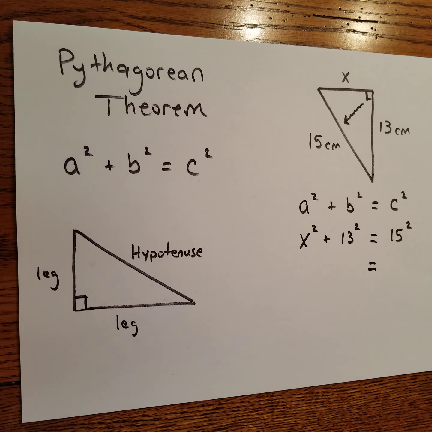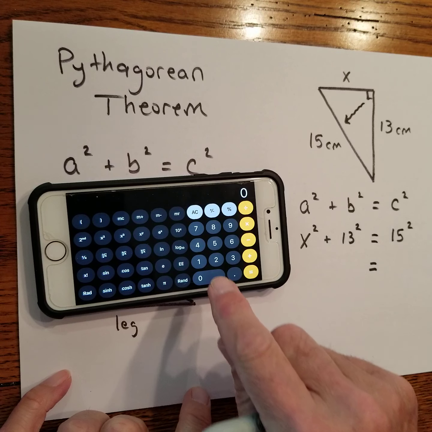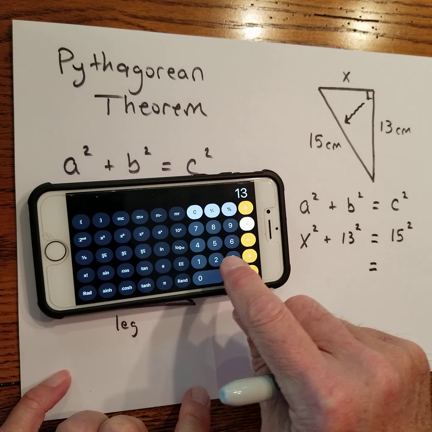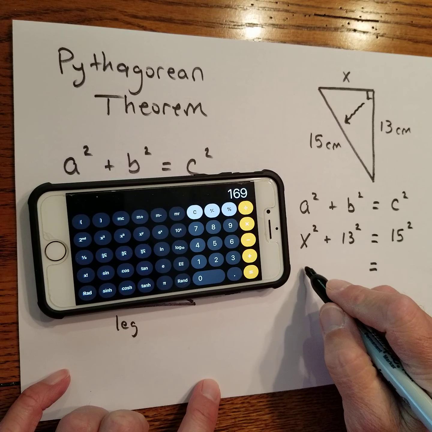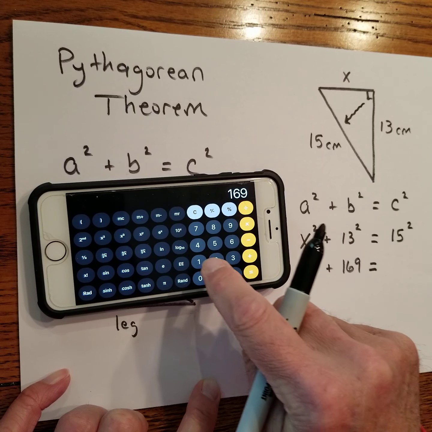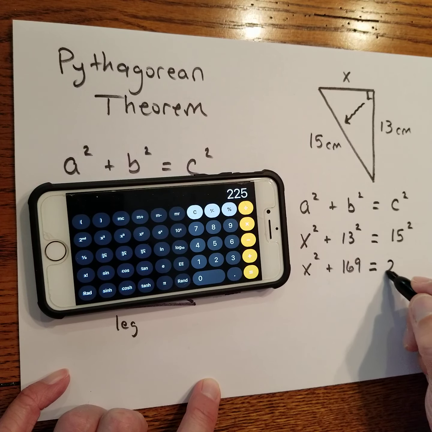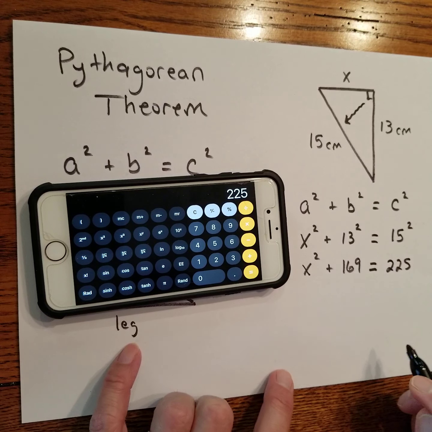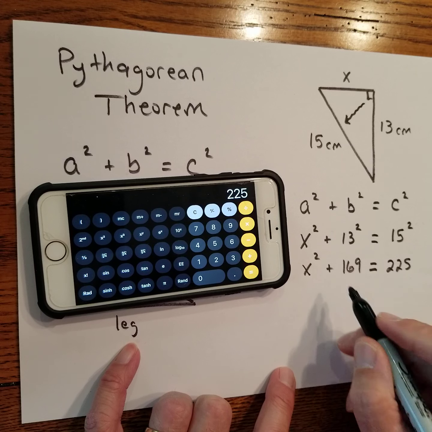Now let's get a calculator to help with the computation. I need 13 squared and 15 squared. Now to get x by itself, I must move this 169.